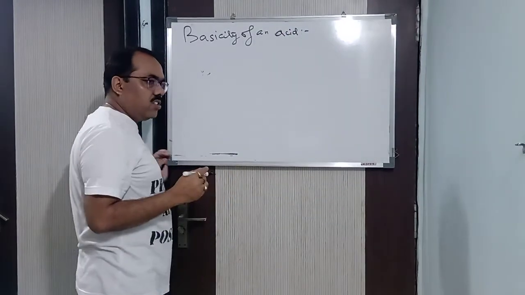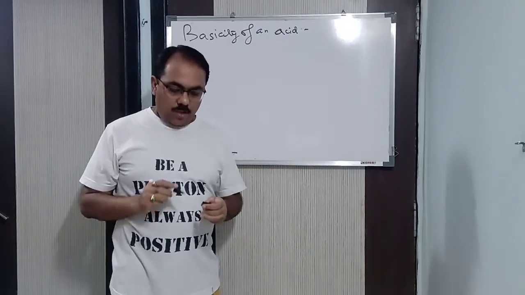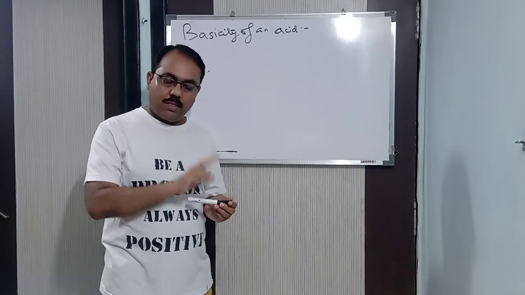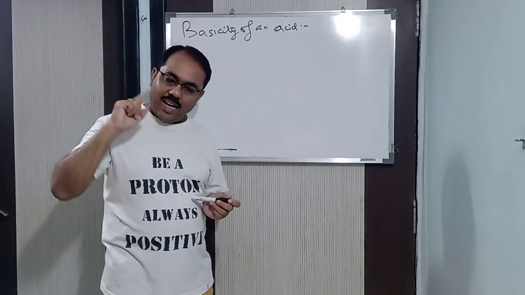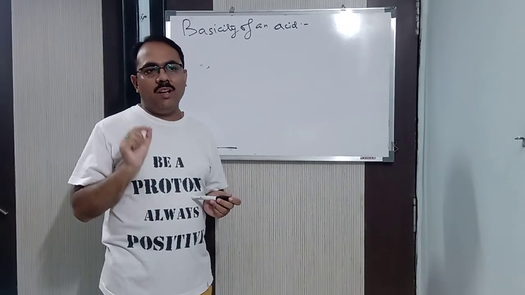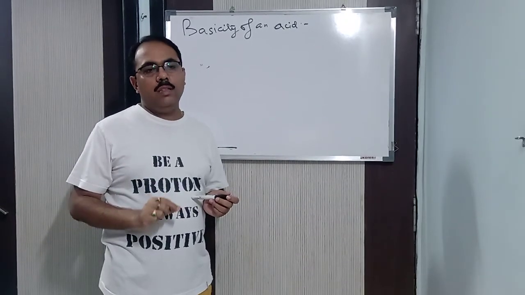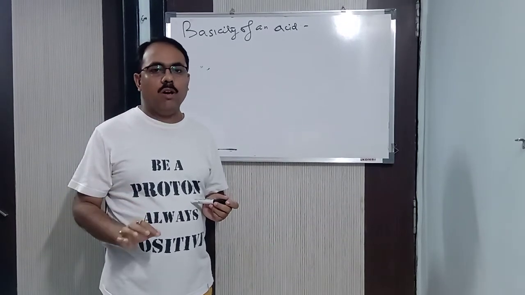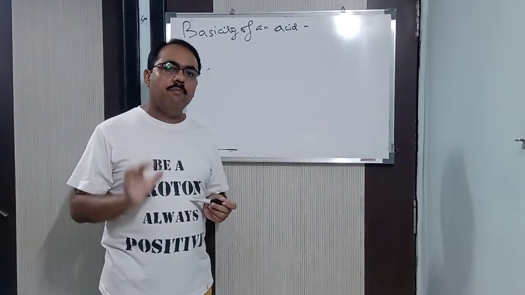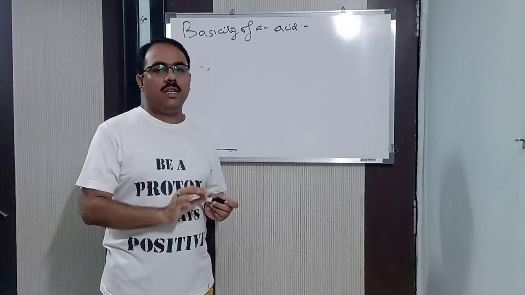I am saying the definition, you please write it down. What is the basicity of an acid? Remember that for acids we say basicity and for bases we say acidity. It is just opposite. Basicity is the number of hydrogen ions or hydronium ions replaced per molecule of an acid in aqueous solution.